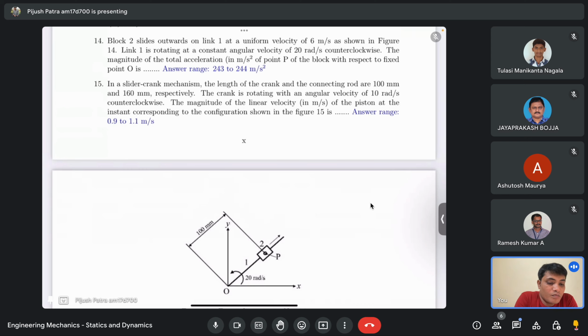That 2V into omega is called the Coriolis component of the acceleration in this case. So it's 2 into omega means 40, into 6, 240 meter per second square, right?